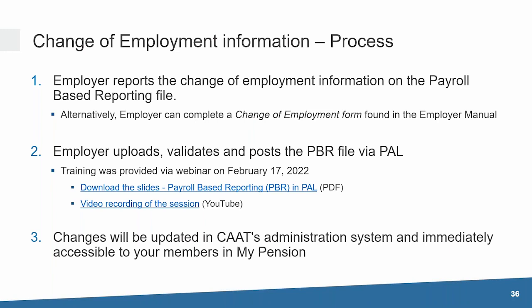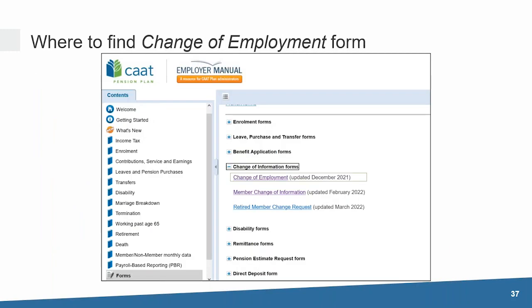Changes will be updated in our administration system and immediately accessible to your members in My Pension. The change of employment form can be found in the employer manual in the Forms section under the Change of Information Forms drop-down as shown on this slide.